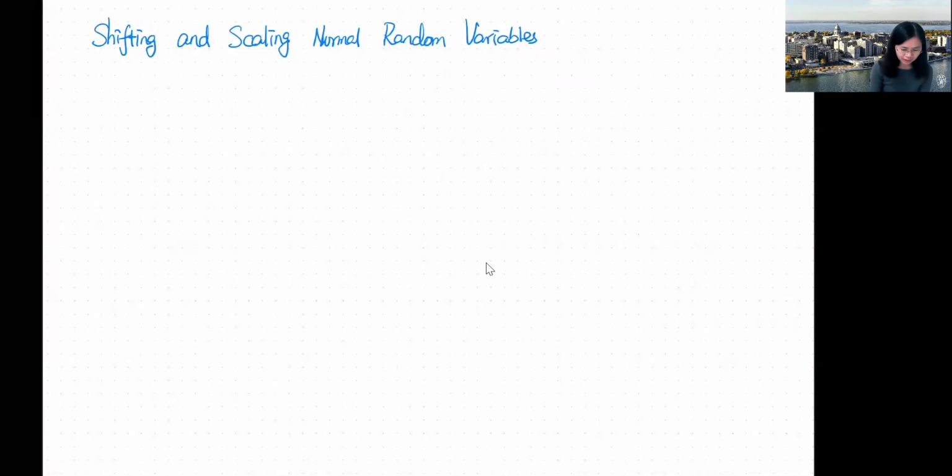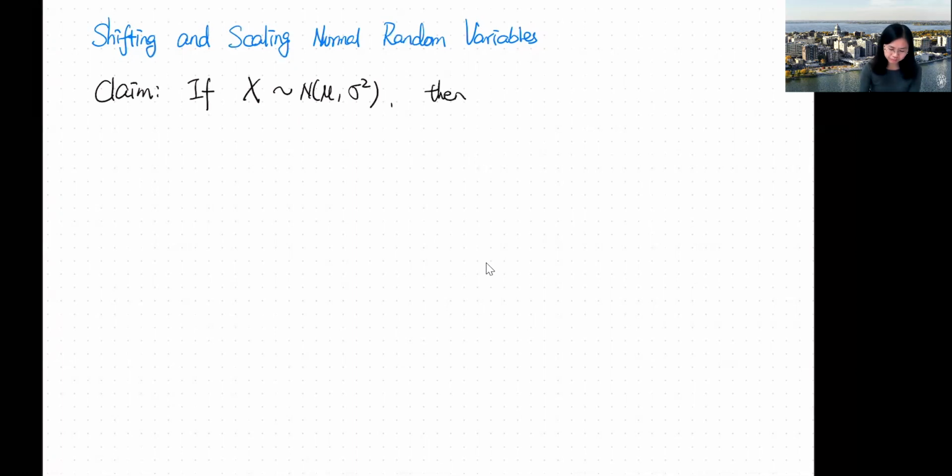And now we can just claim that if x is normally distributed with parameters mu and sigma squared, with mean mu and variance sigma squared, then ax plus b is also normally distributed, but with mean that's given by a mu plus b, and variance that's given by a squared sigma squared.